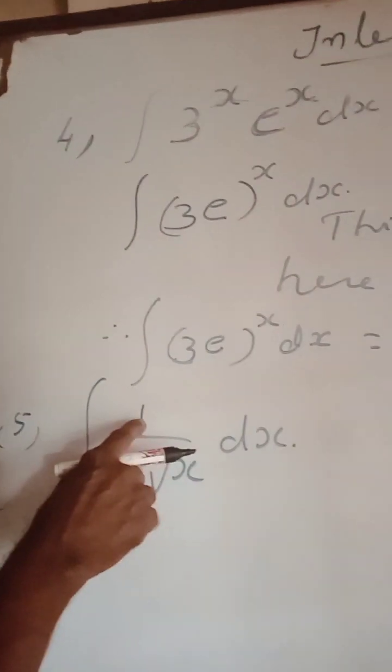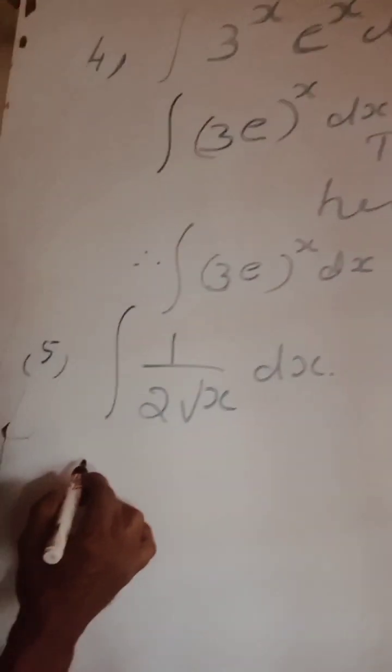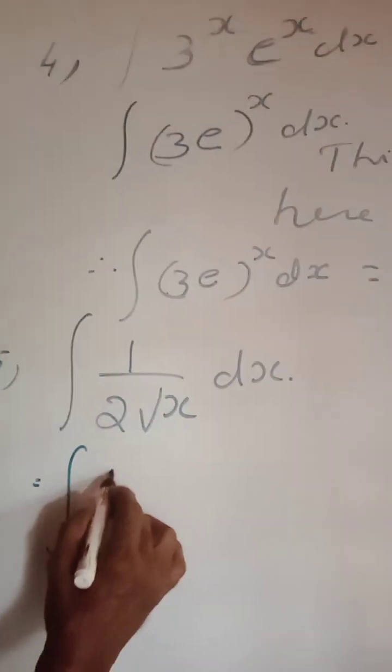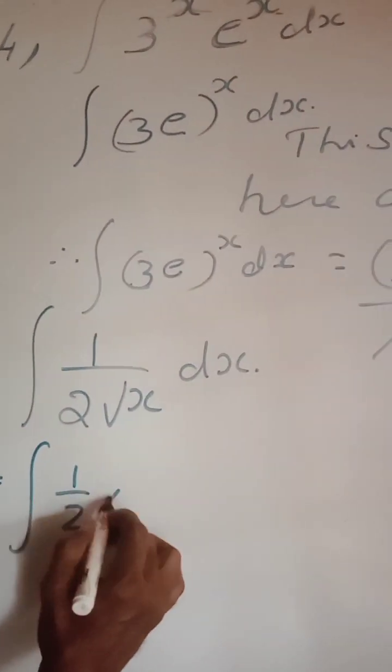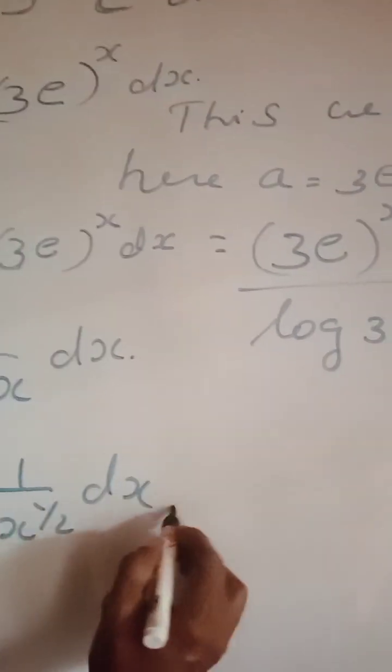Fifth question is integration of 1 by 2 root x dx. This we can also write as integration of 1 by 2 into 1 by x raised to 1 by 2 dx.